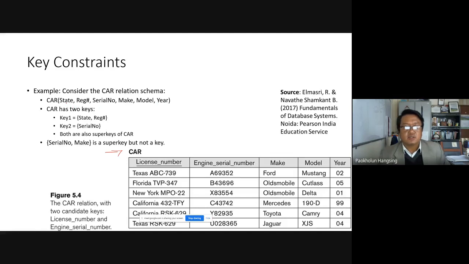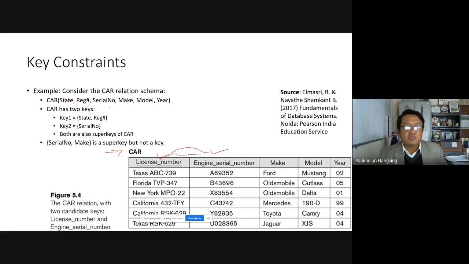This should be license number. So we can have a key: even serial number can be a key, or license number can be a key, or a combination of these two can be a key. Both are super keys of this car. If we take these two together, license number and serial number, it is a super key of car.